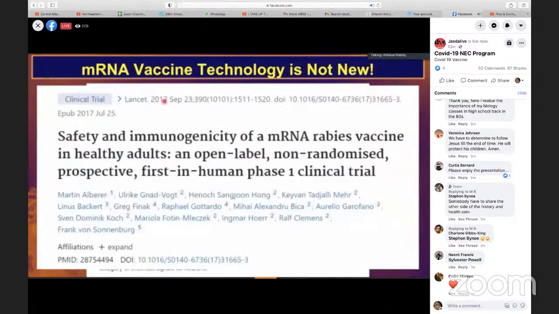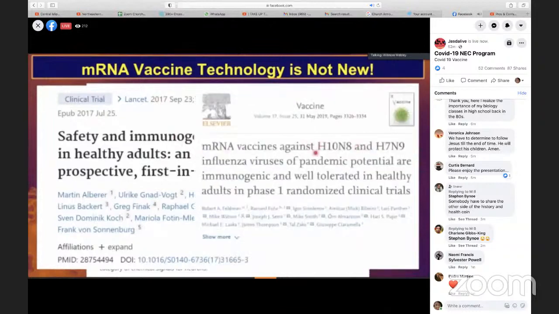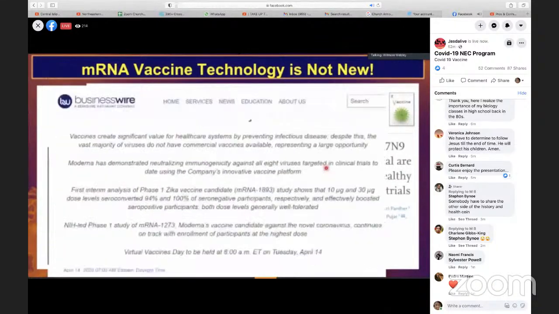Here's a 2017 paper looking at using mRNA to make a rabies vaccine. Here is another paper that was published in 2019 looking at making a flu vaccine using mRNA technology. Here is a release from Moderna looking to make vaccines using this mRNA technology for Zika virus.